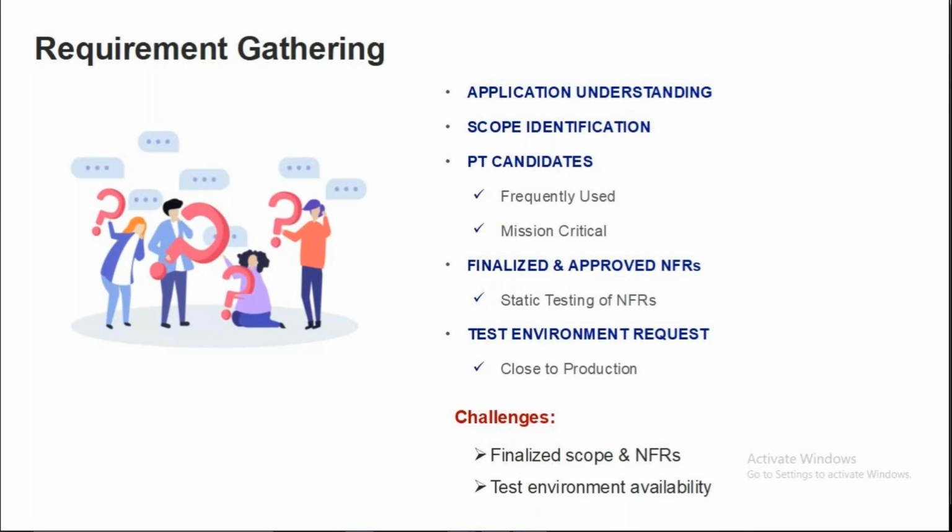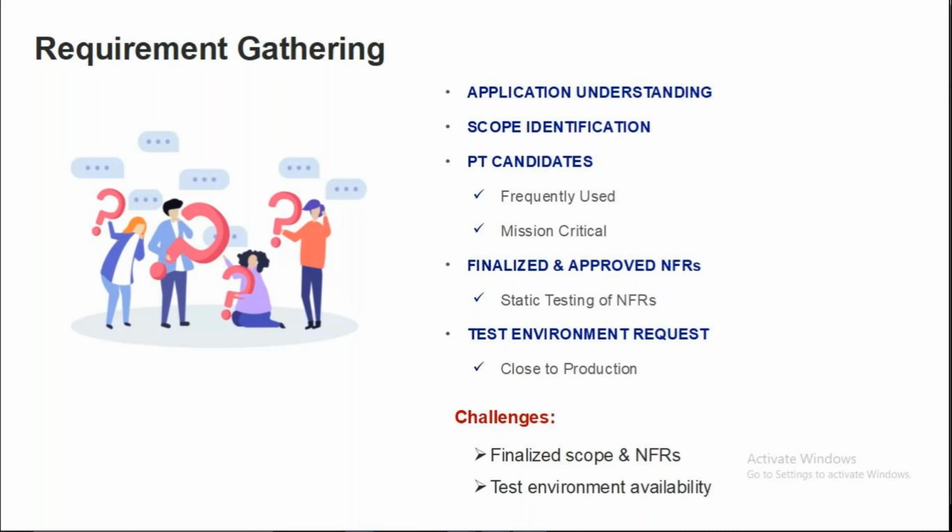So your objective should be to have a finalized list of NFRs. Whatever scenarios have been identified for performance testing, you have to test them based on the NFRs. So not only the scenarios, the user flows, the business flows, or the scope, but also the NFRs should be finalized and approved.